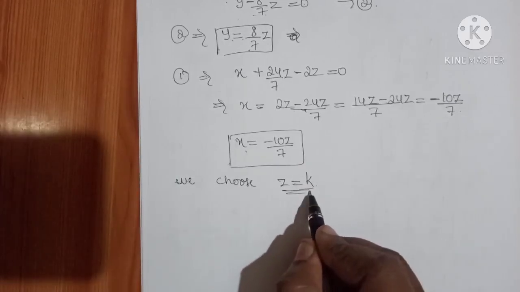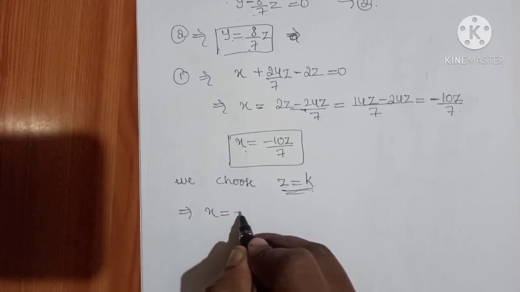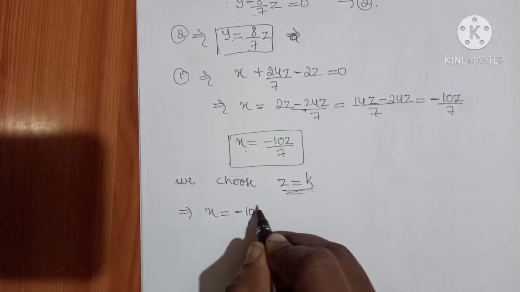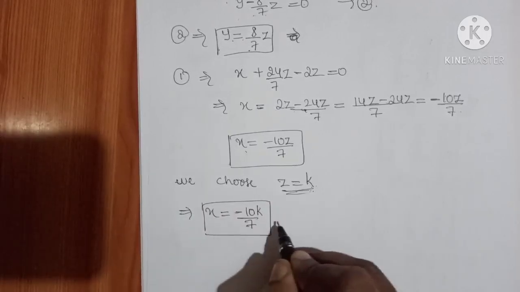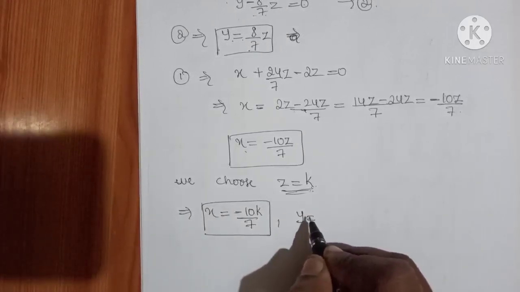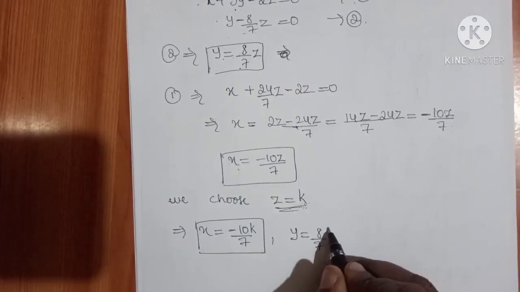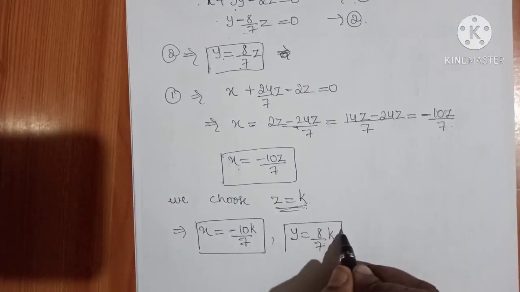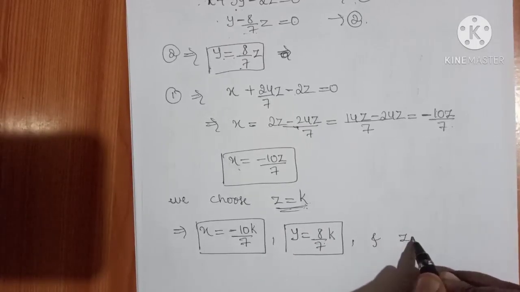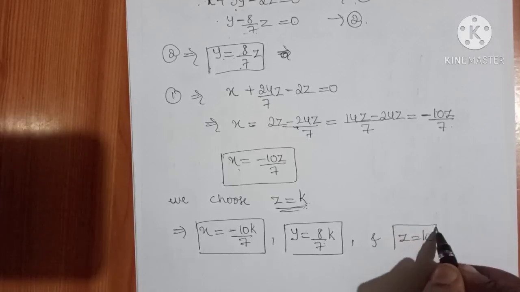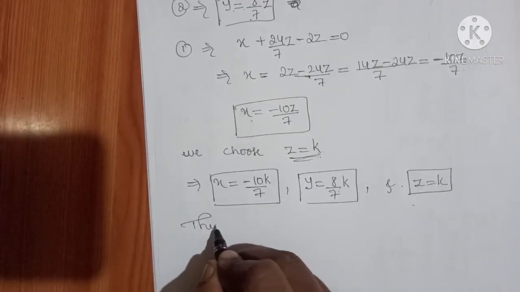On choosing z equals k, we get x equals minus 10 into k divided by 7, y equals 8 by 7 into k, and z equals k, which we have chosen. So this gives the complete solution.